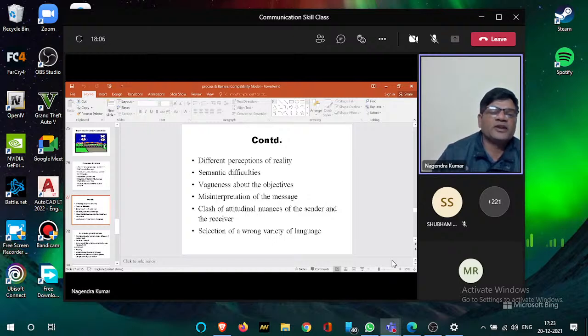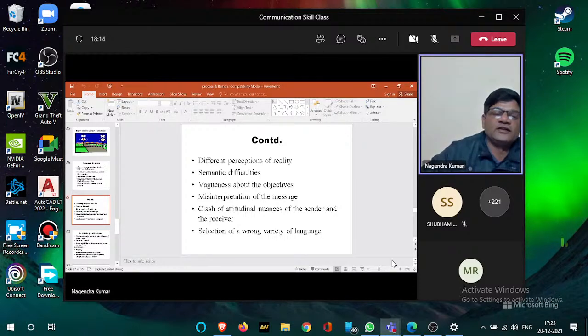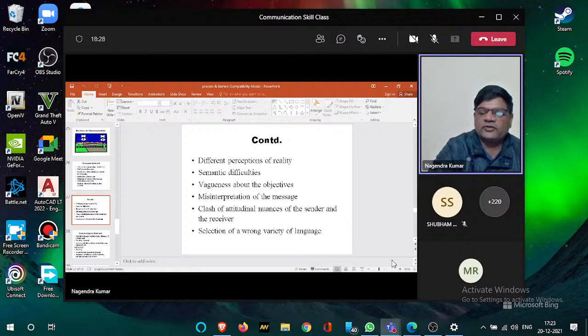So let's say if somebody says baju in Mumbai, baju everybody knows is side, but if you talk about baju in western Uttar Pradesh, people will not understand or they will take it differently. So the wrong variety of the same language might also result in a barrier.